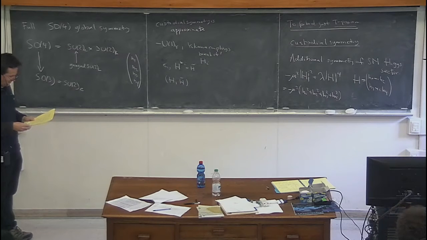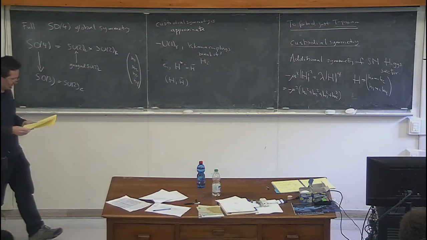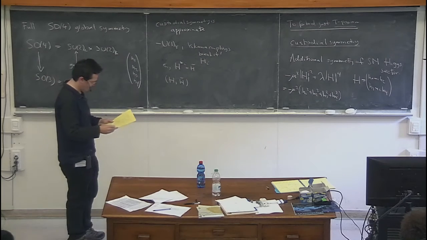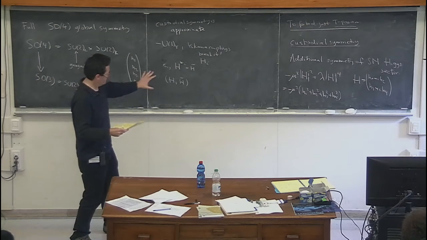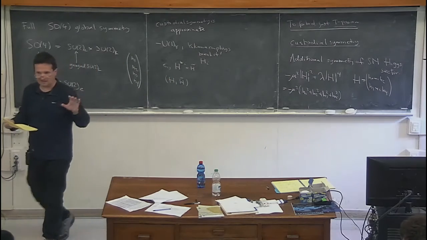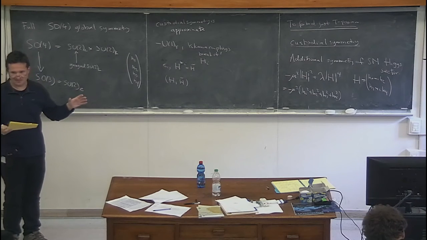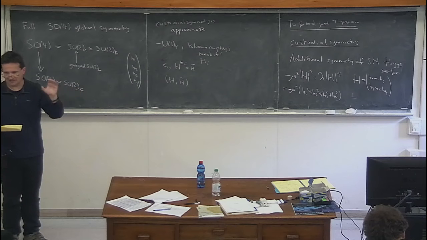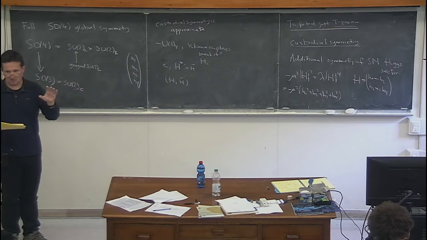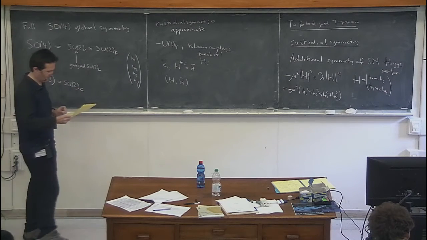All right, very good. So that's the story of the custodial symmetry. This is really useful to protect whatever beyond the standard model you have against the largest and most dangerous corrections to electroweak precision observables.